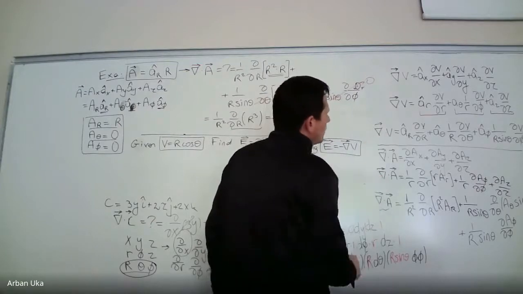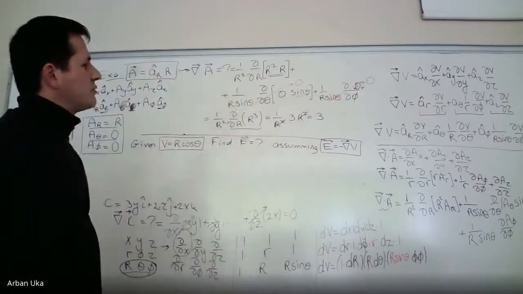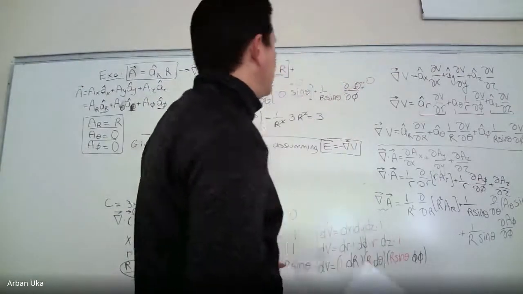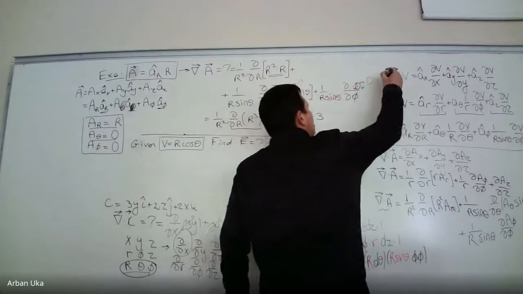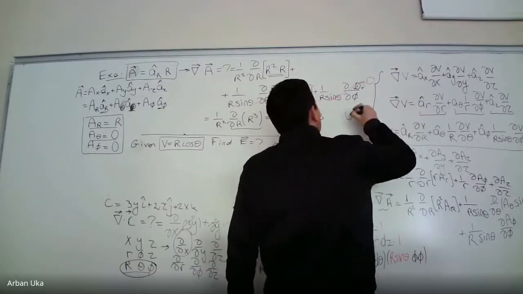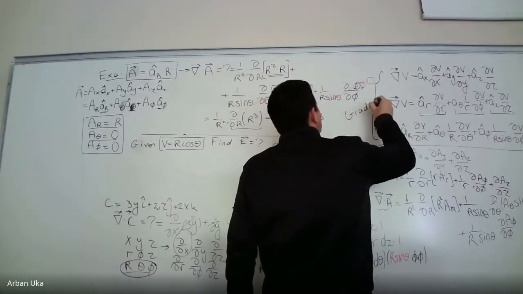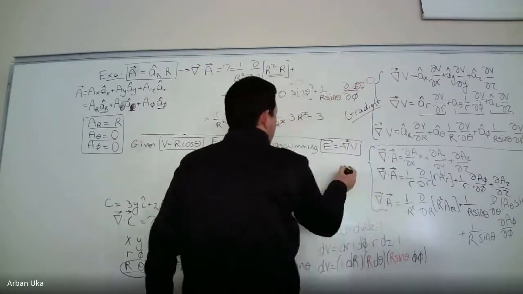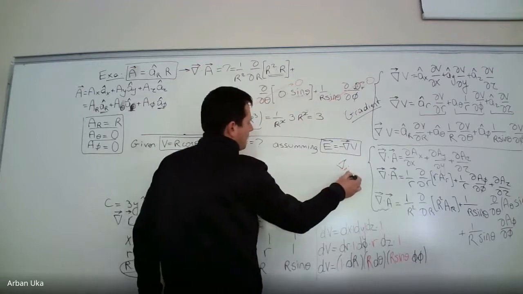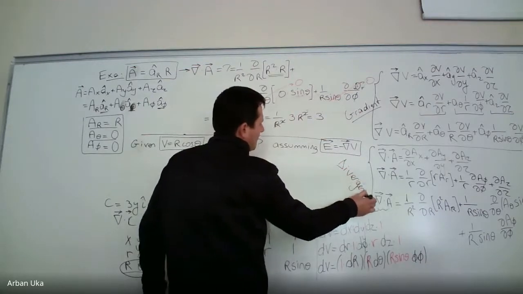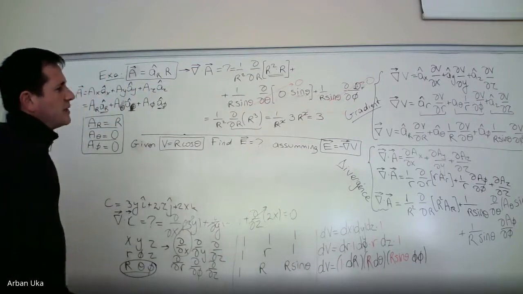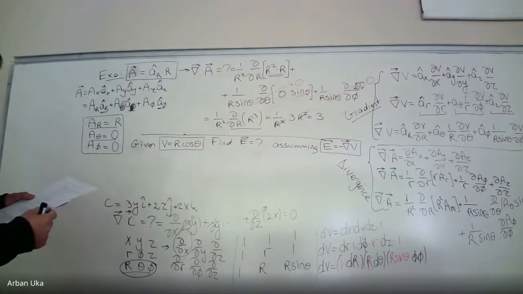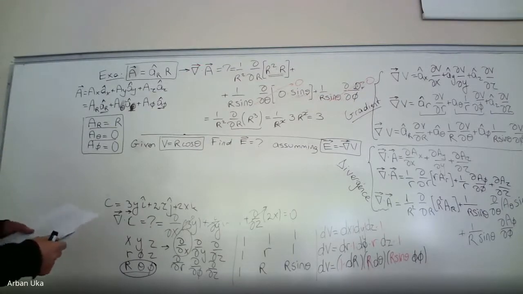This should not be a dot. Those three on top are the gradients, and those at the bottom are the divergences.